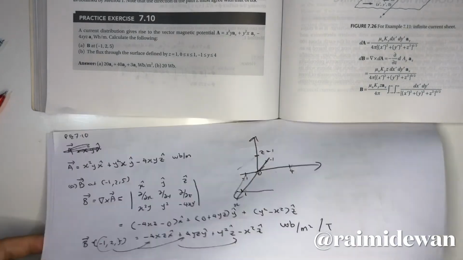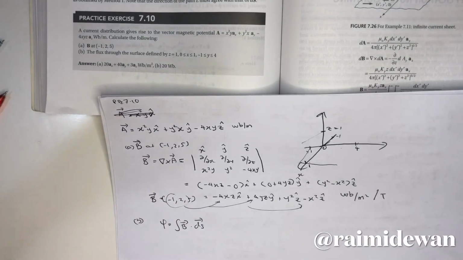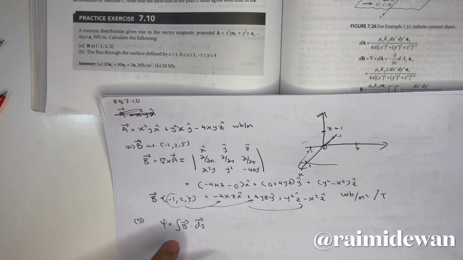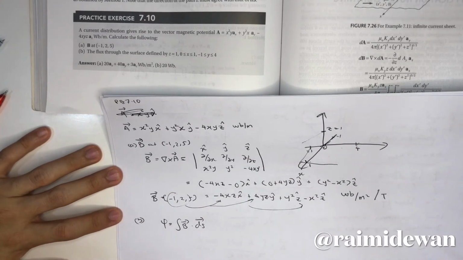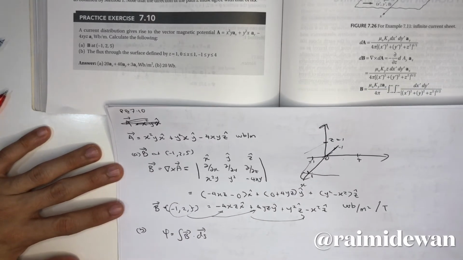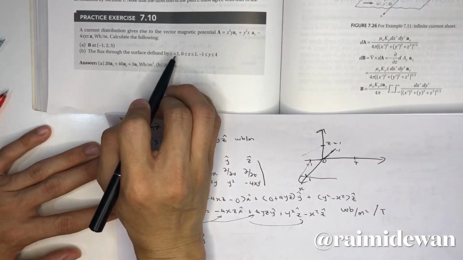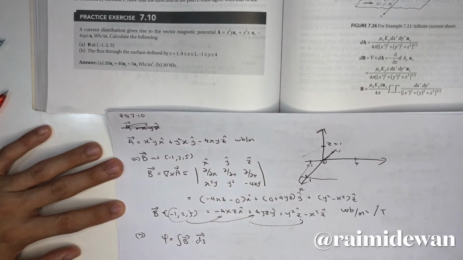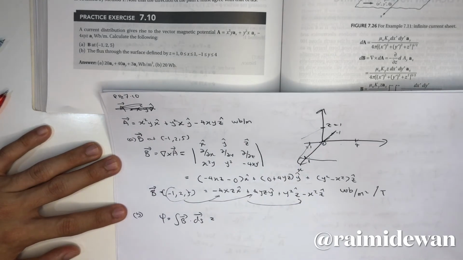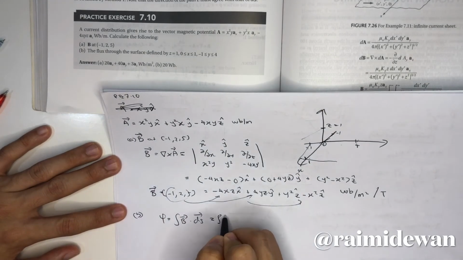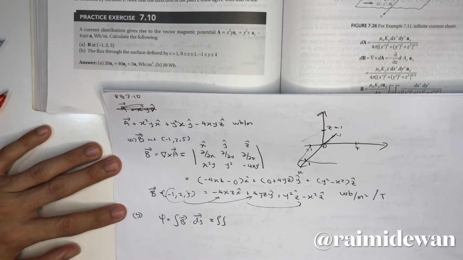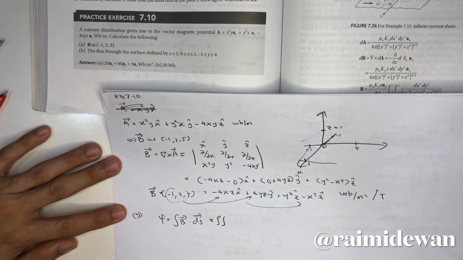Because this is about the surface, you should have a double integral through the surface defined by z equals to 1.